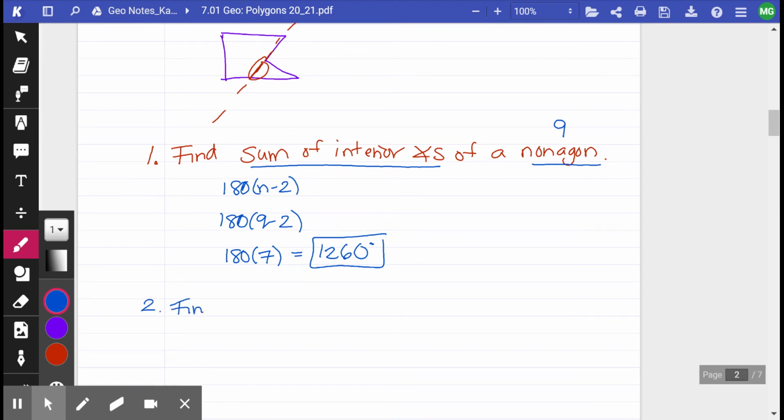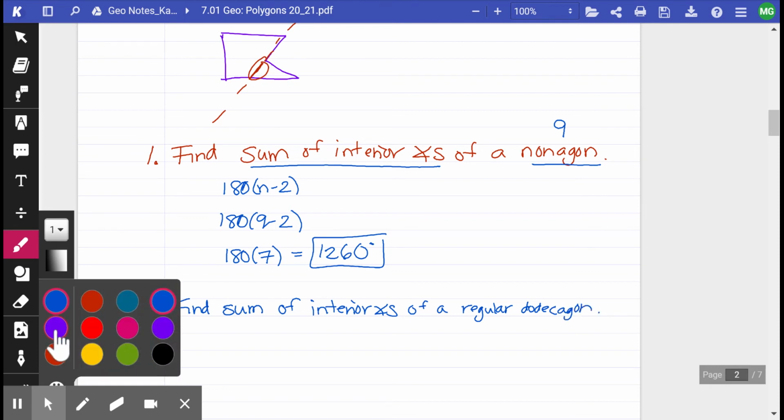Next, find the sum of the interior angles of a regular dodecagon.